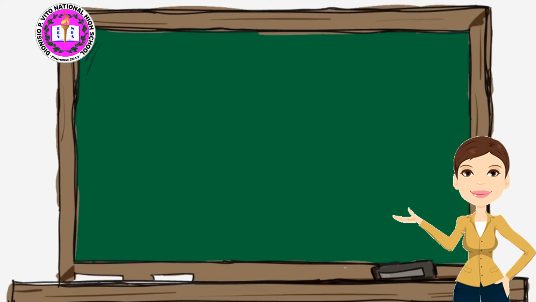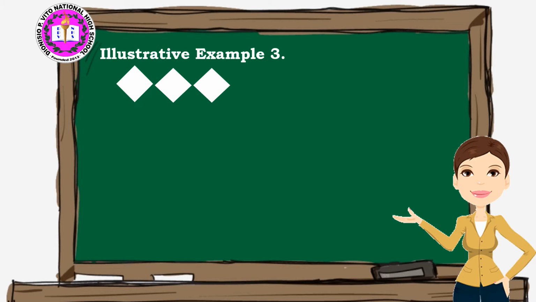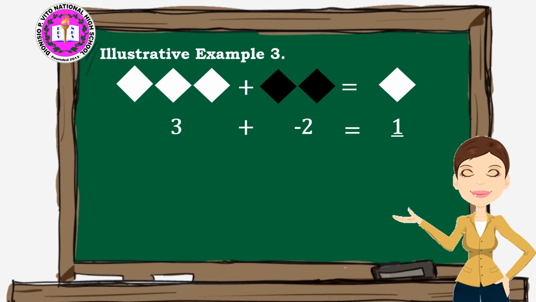Let's have example number 3. We have 3 white diamonds plus 2 black diamonds, which is equal to 1 white diamond. We have 3 plus negative 2, which is equal to positive 1.